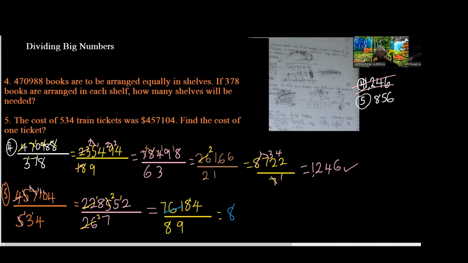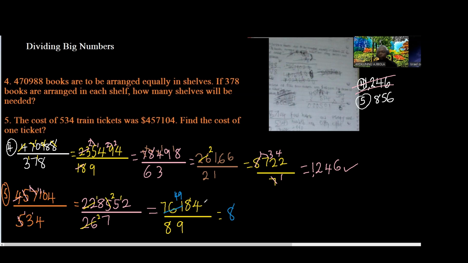So 89 times 8, that we can take away from 761, that is 712. We take it away from 761, we have 49 left here, which will make 498 with the other one.